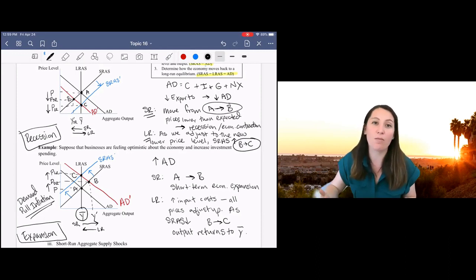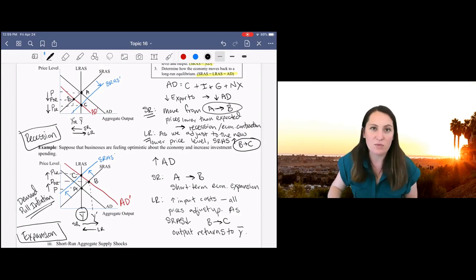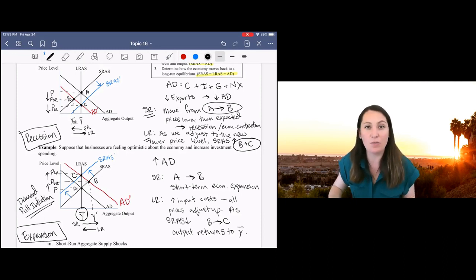And we're going to talk more about monetary and fiscal policy, what we can do in terms of stimulating the economy, in a few videos. But I think it's important to mention here what we're going through because it really helps us understand the economic piece of this puzzle to put it in the context of our aggregate supply, aggregate demand model.